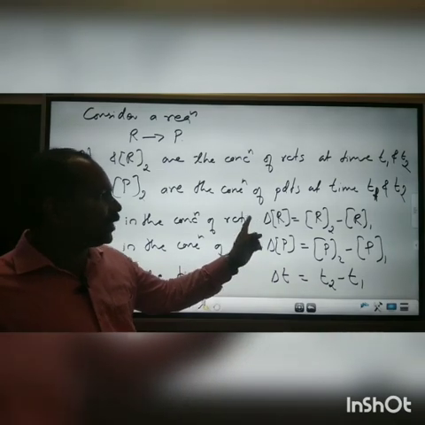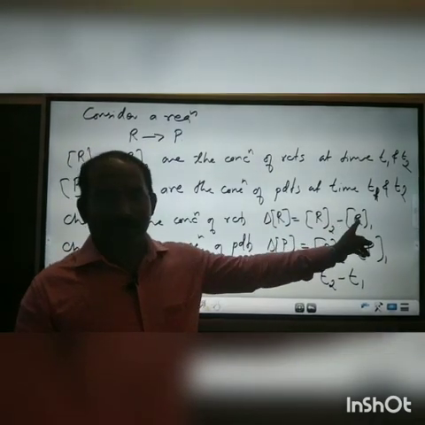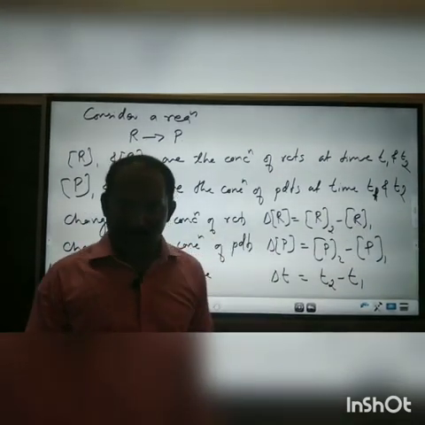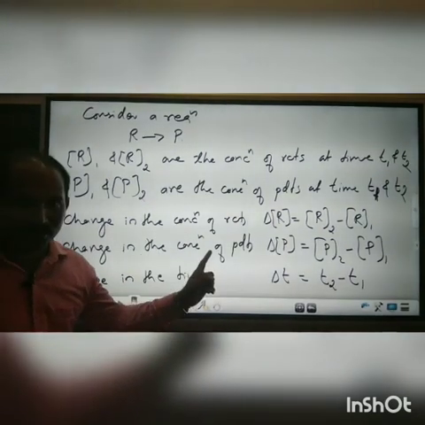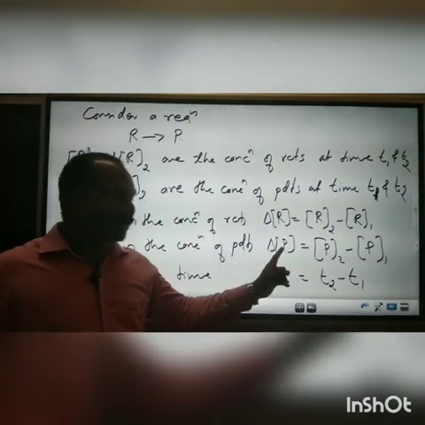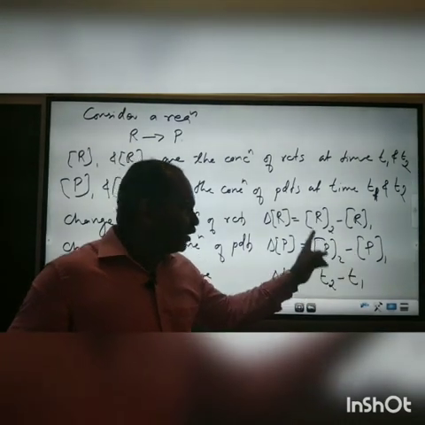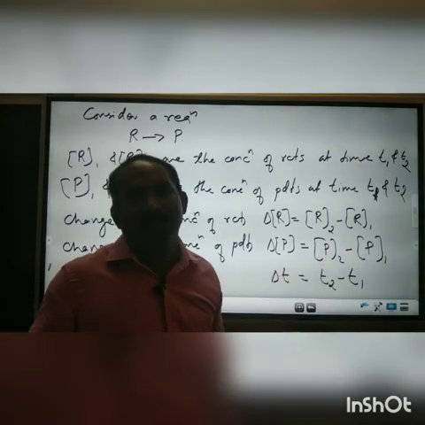So similarly, delta R is equal to R2 minus R1, that is the final concentration minus initial concentration. Similarly, the change in the concentration of products, delta P, is equal to P2 minus P1, that is final concentration of product minus initial concentration of product.